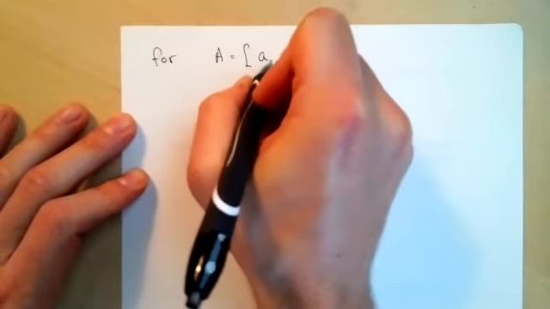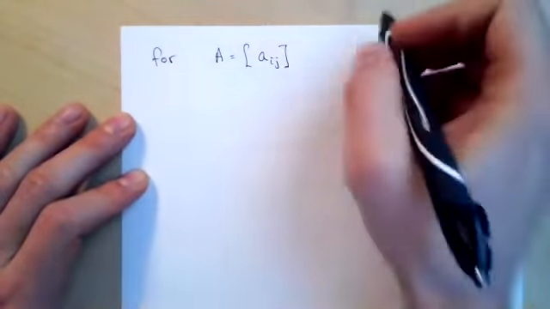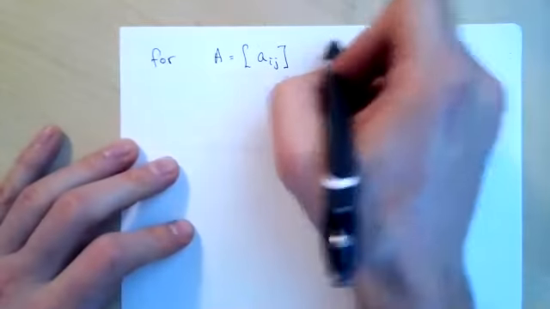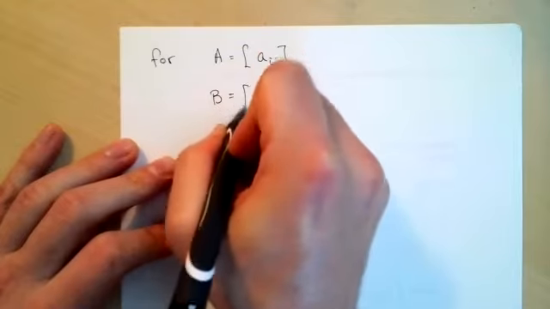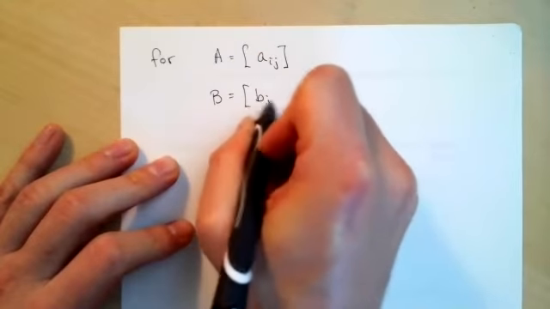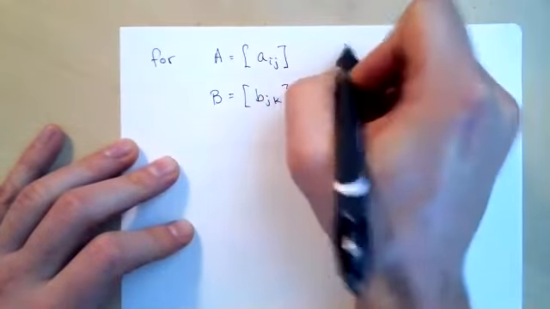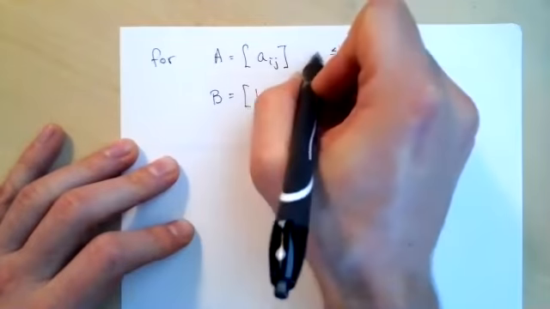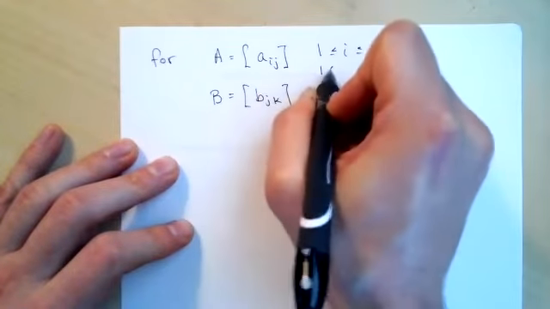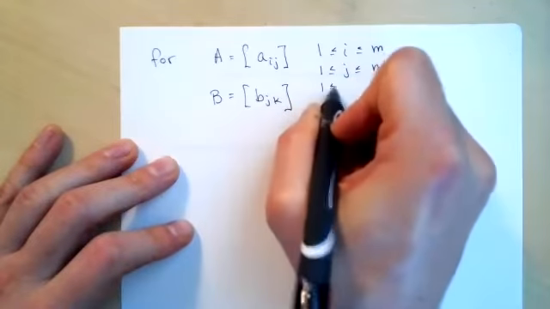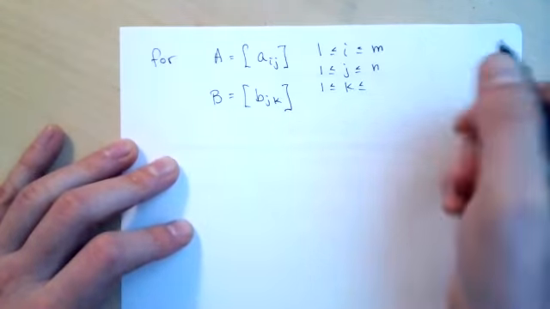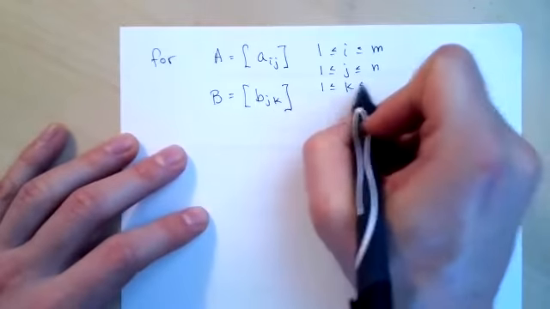Formally, so for A equal to Aij, where, let's say A equals Aij, B is equal to Bjk, i is between 1 to m, j is between 1 to n, and k is between 1 to p.